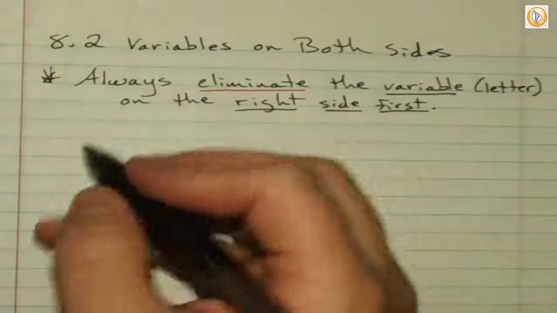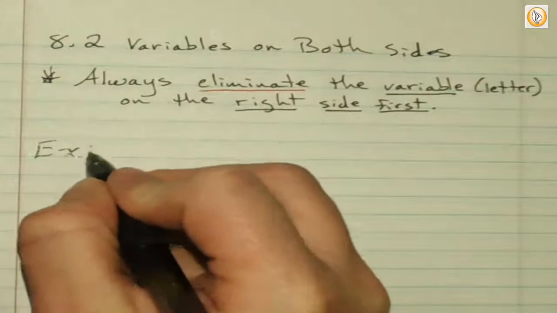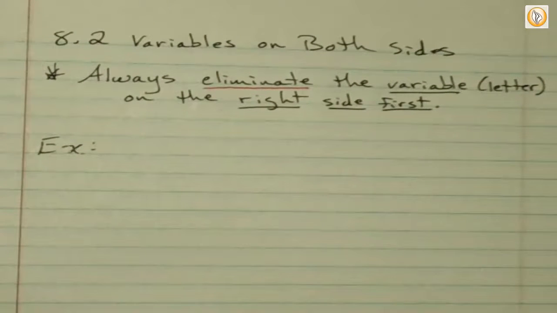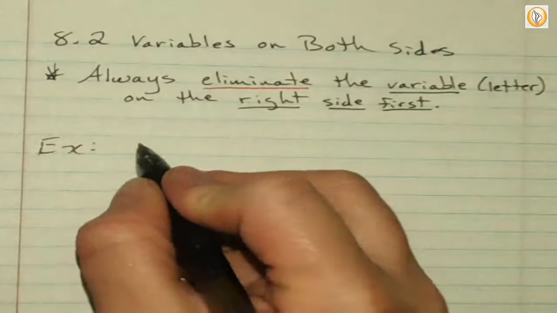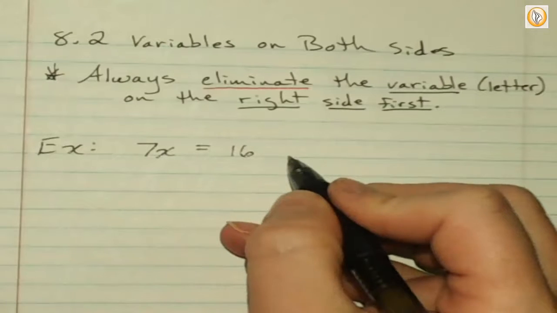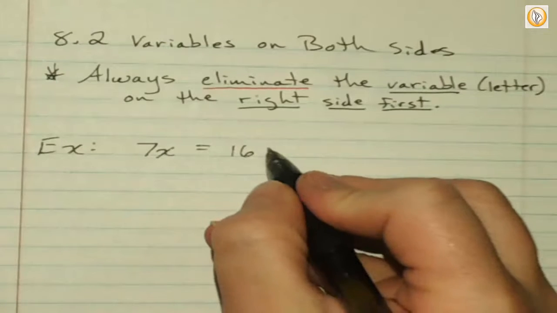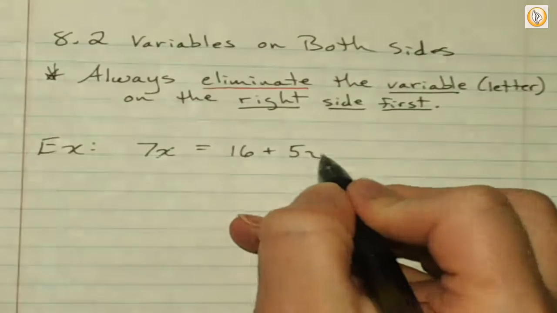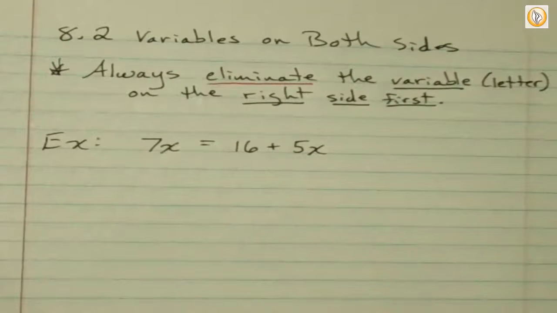Here we go. Example. Jumping right into examples. What if I had 7x equals 16 plus 5x? 7x equals 16 plus 5x.